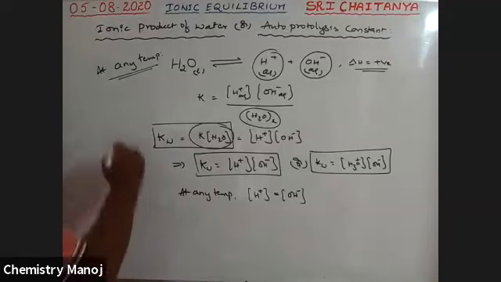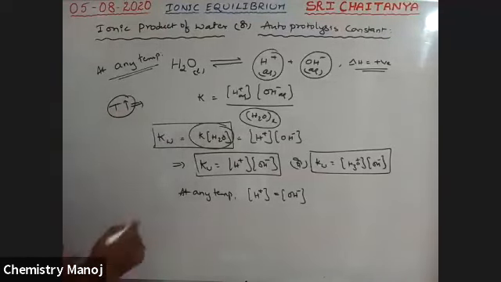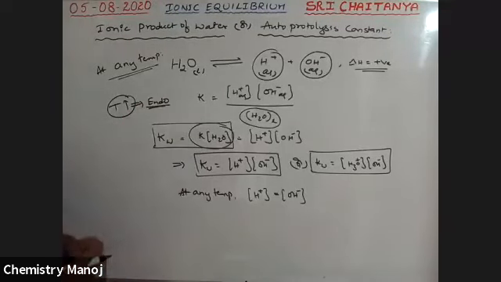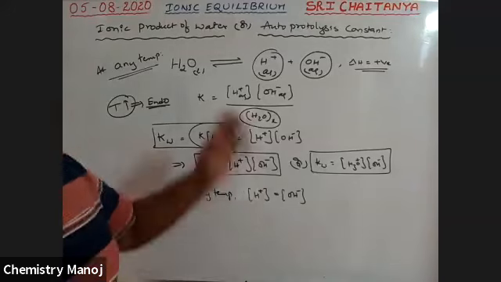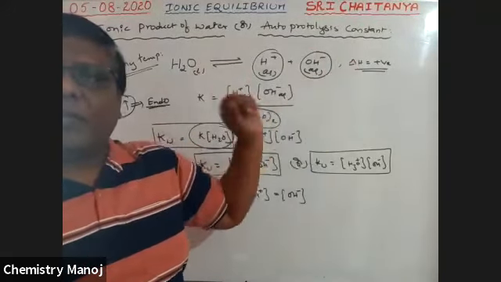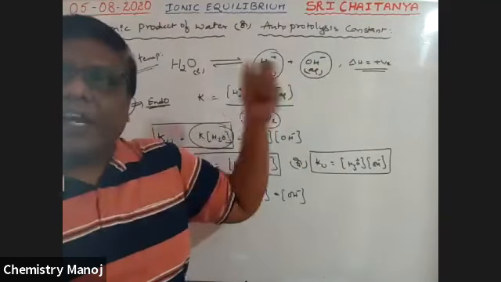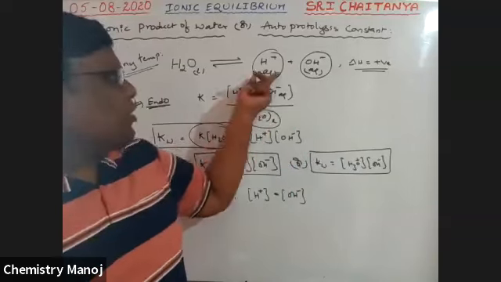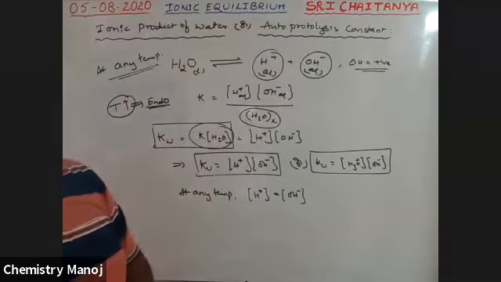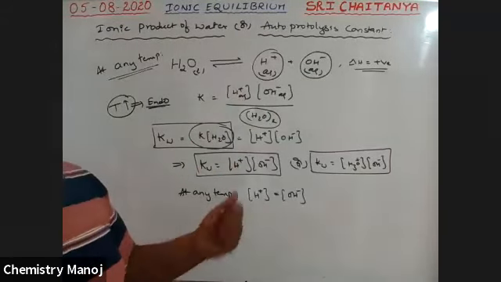Now I am increasing the temperature. If temperature increases, according to Le Chatelier's principle, the endothermic reaction is favored. Here the forward direction is the endothermic reaction. That means as temperature increases, ionization of water increases. As ionization increases, H plus and OH minus ion concentrations increase, so the product concentration increases and the Kw value also increases.